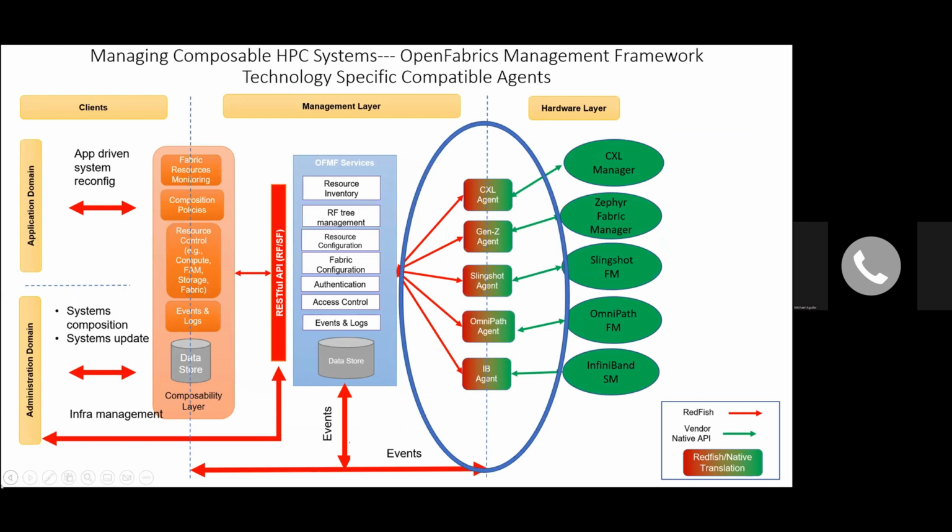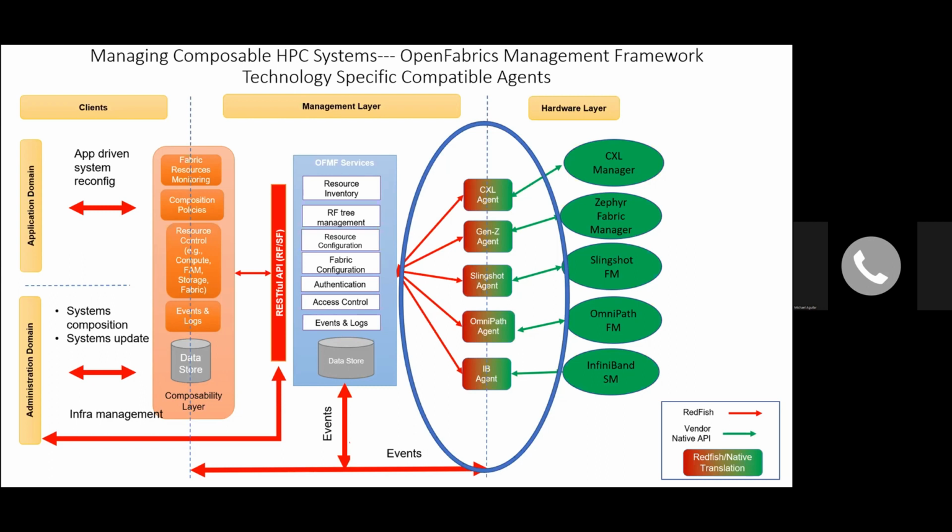Slide 11. So how do we do this? On the right side, you'll see some network fabrics, and we can use these agents for special hardware, and we need all that information. We need that control for a composition manager, which we'll be talking about on the left side. So on the right side, you see technology-specific agents.